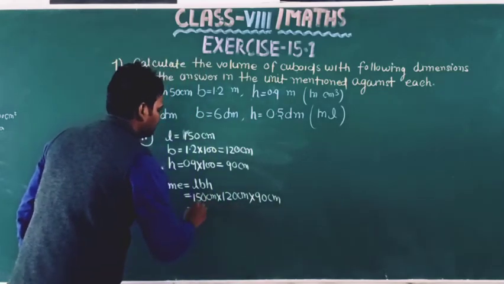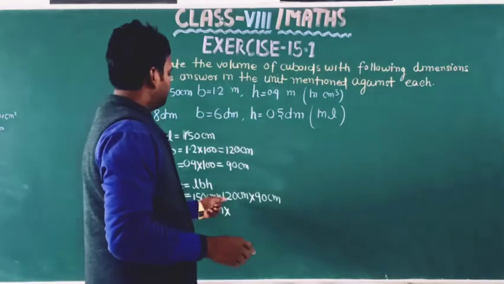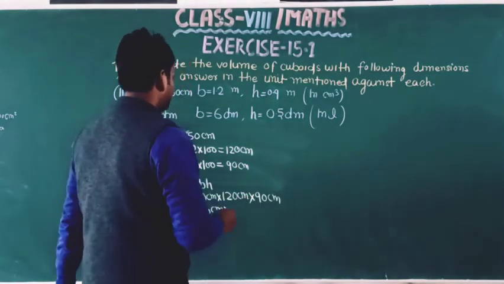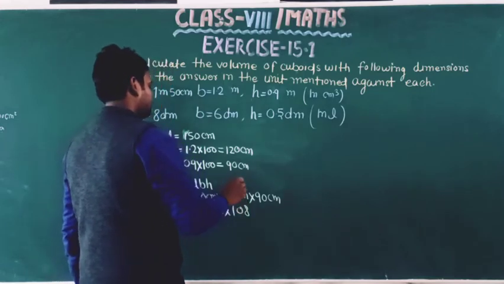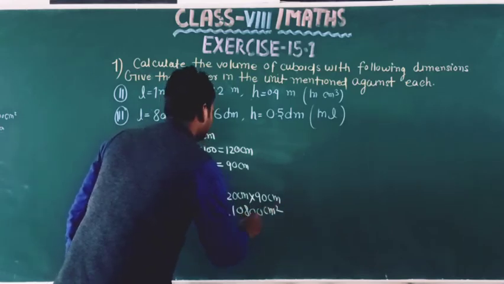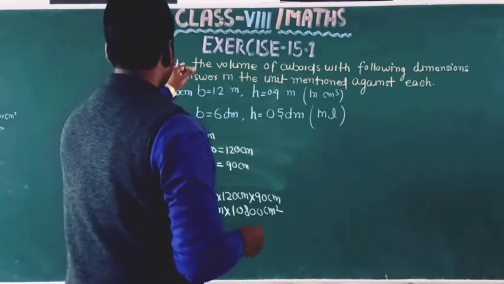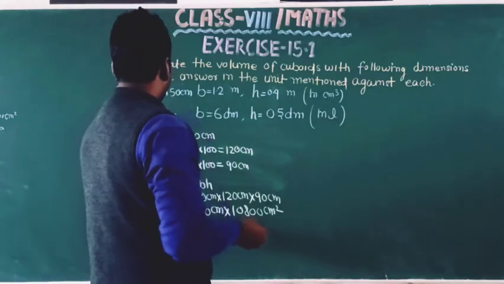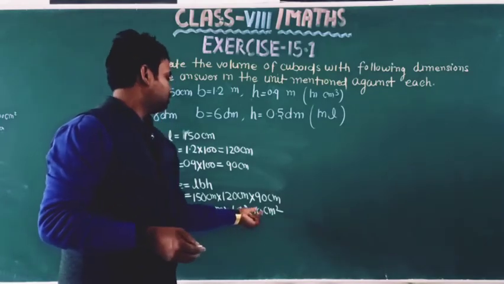Okay, so this is 150 centimeter into now multiply 120 by 90. This is 10800 centimeter square, and again multiply 150 by 10800 centimeter square.